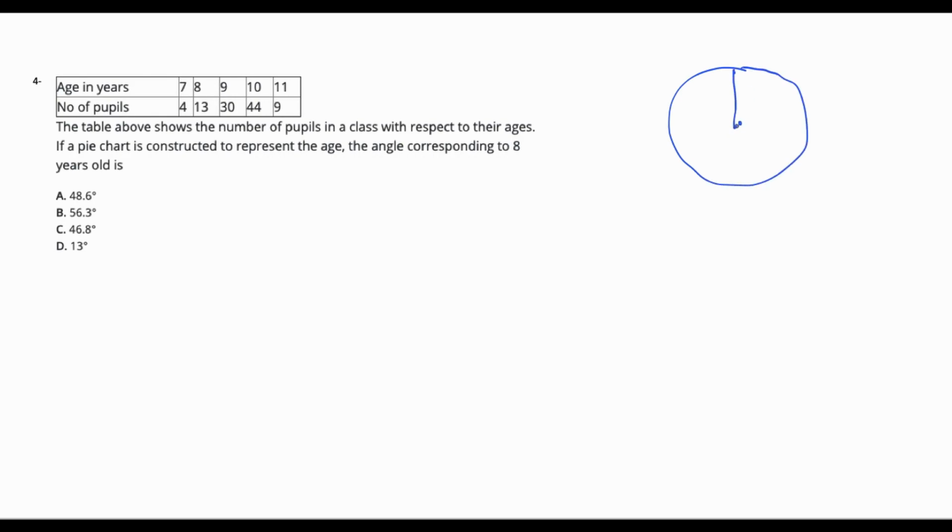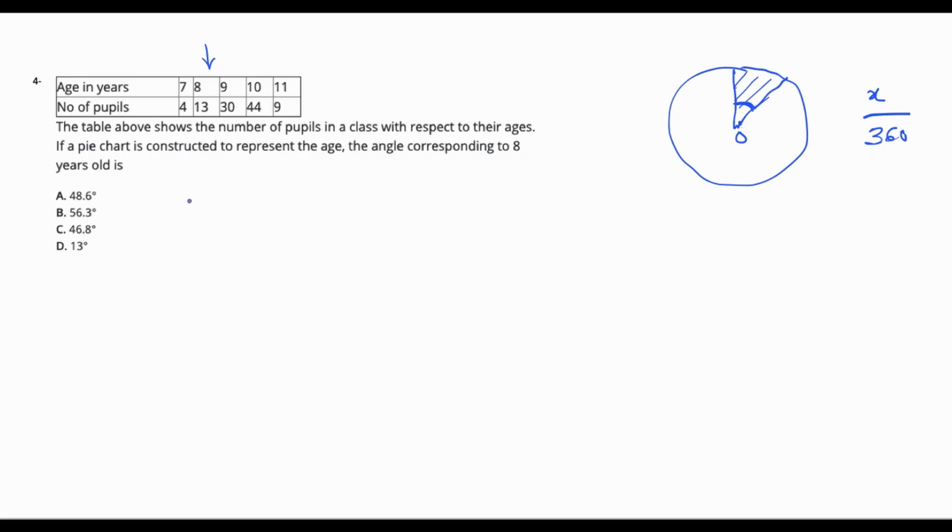If this is the center of the circle, this portion here represents the portion we're looking for, which is the portion corresponding to 8 years old. Now, what we're looking for is this angle here, x over 360, that corresponds to the age 8.